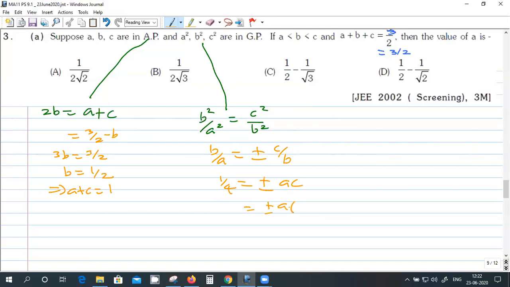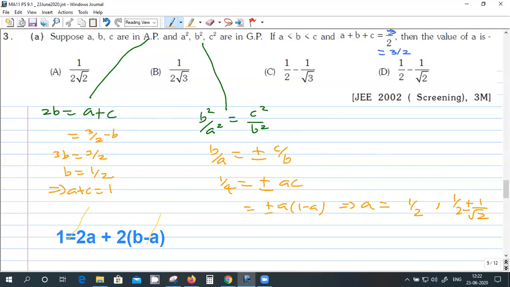This plus or minus A into C is 1 minus A. From this is a quadratic in A, so I'll get A as half and then half plus or minus 1 by root 2.